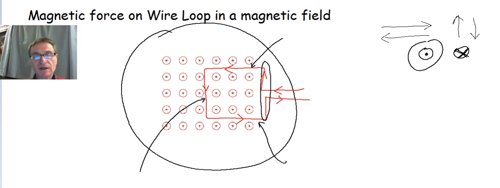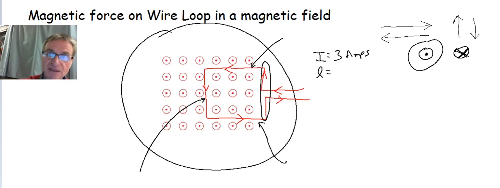So we're going to have an electric current running, and we'll make I equal to 3 amps. Okay, and each side of our square loop is going to be 3 centimeters. So the length of our wire in each case is going to be 3 centimeters or 0.03 meters.